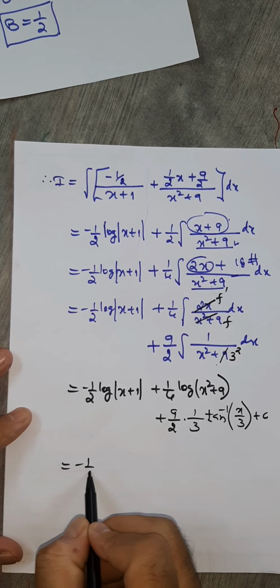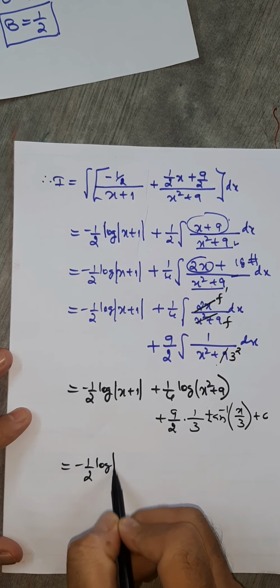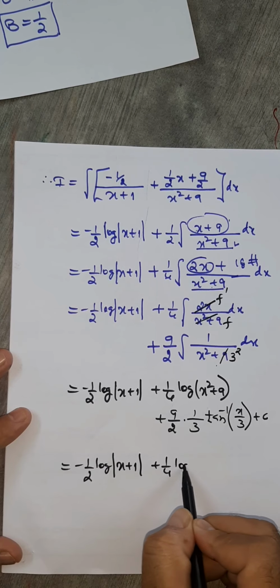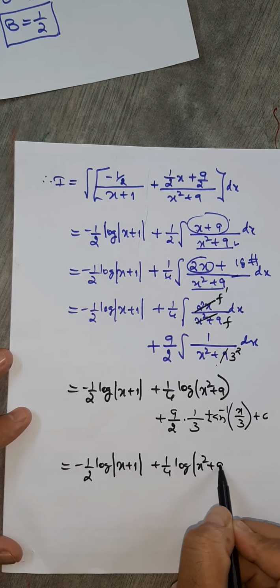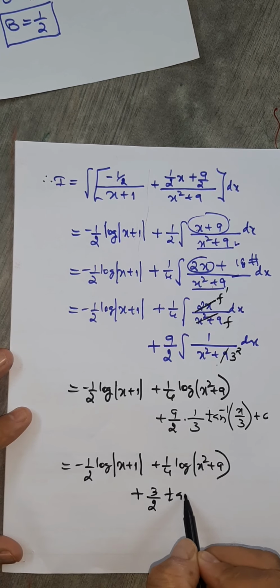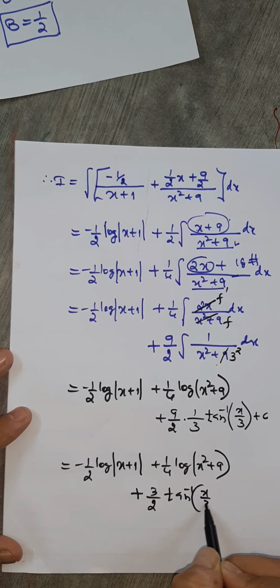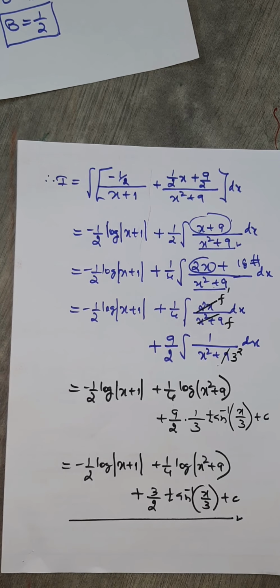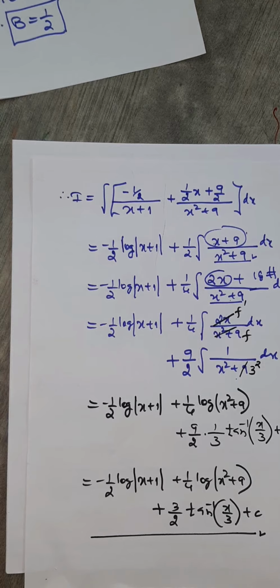So minus 1 by 2 log of x plus 1 plus 1 by 4 log of x square plus 9 plus here 3 by 2 into tan inverse of x by 3 plus c. Integral of the given function. I understand it's a little bit lengthy but not difficult, remember. Okay. Next question.